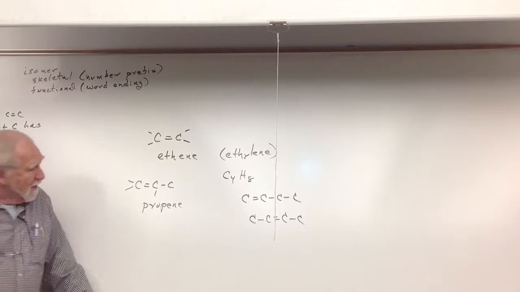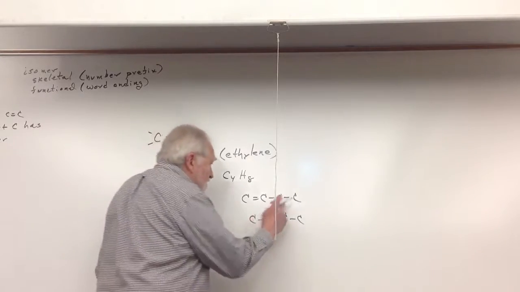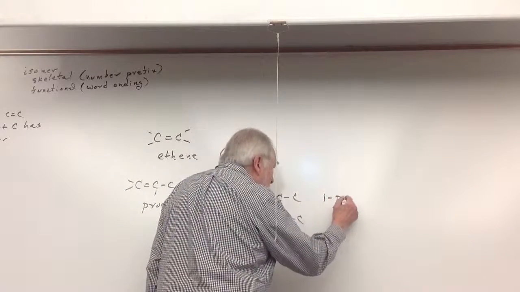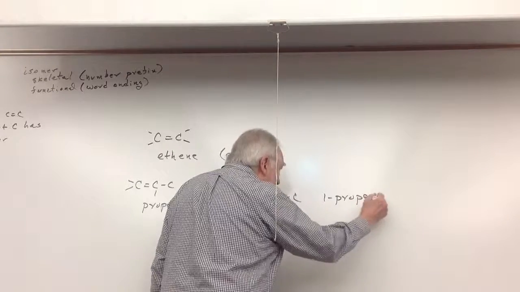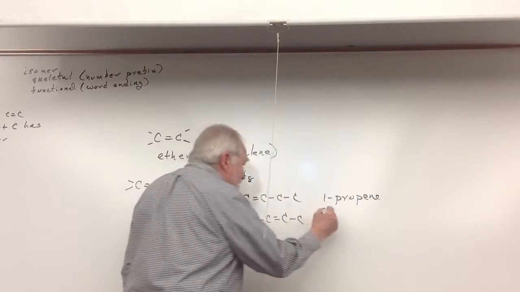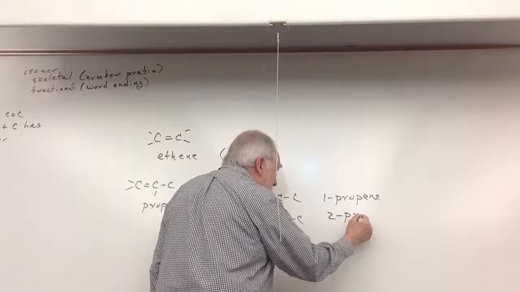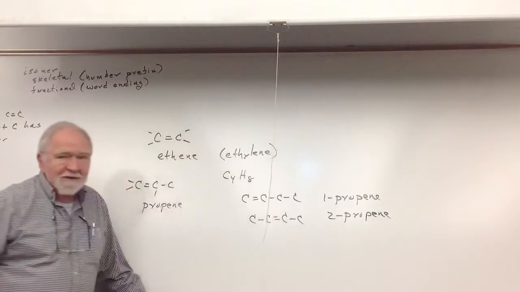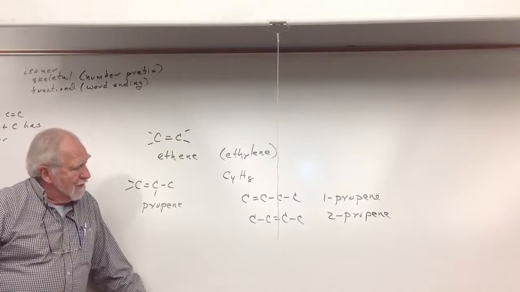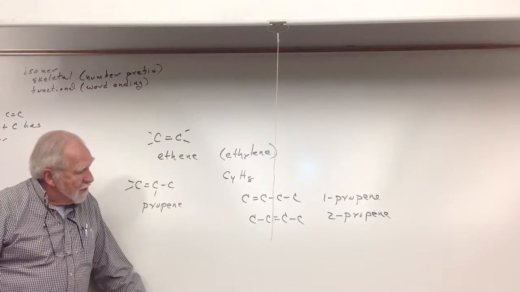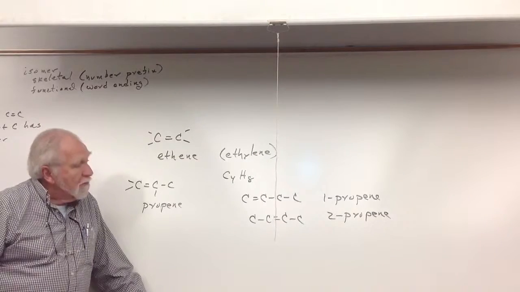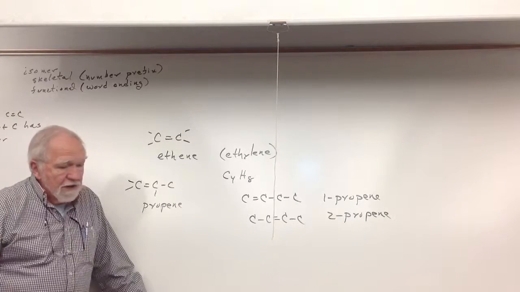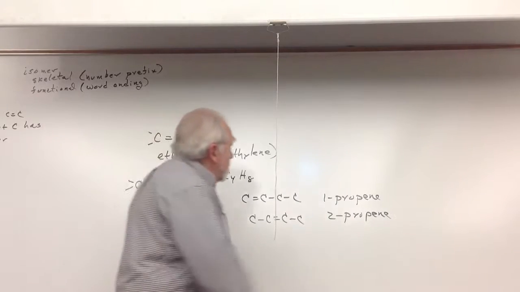This is called 1-propene. Propene. So now we have examples of the so-called positional isomer, where you're moving things around. If I look at this thing.